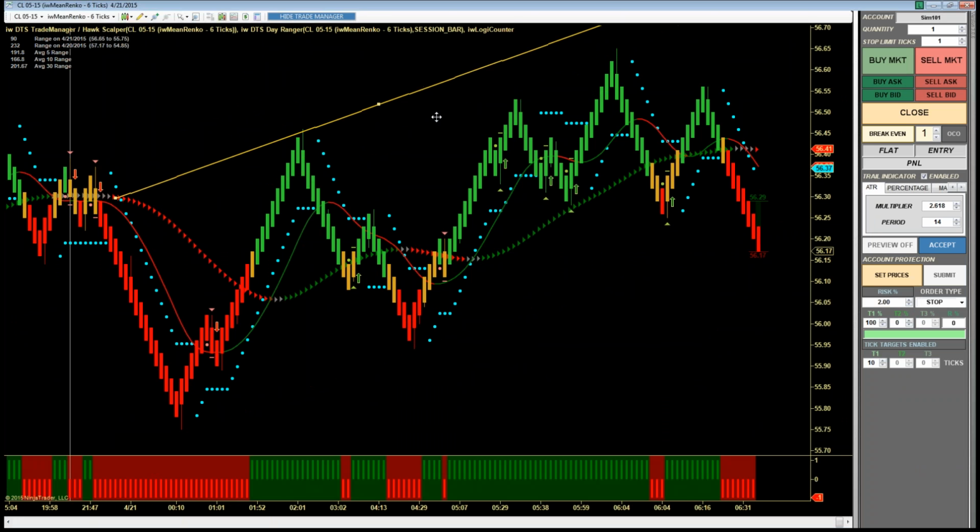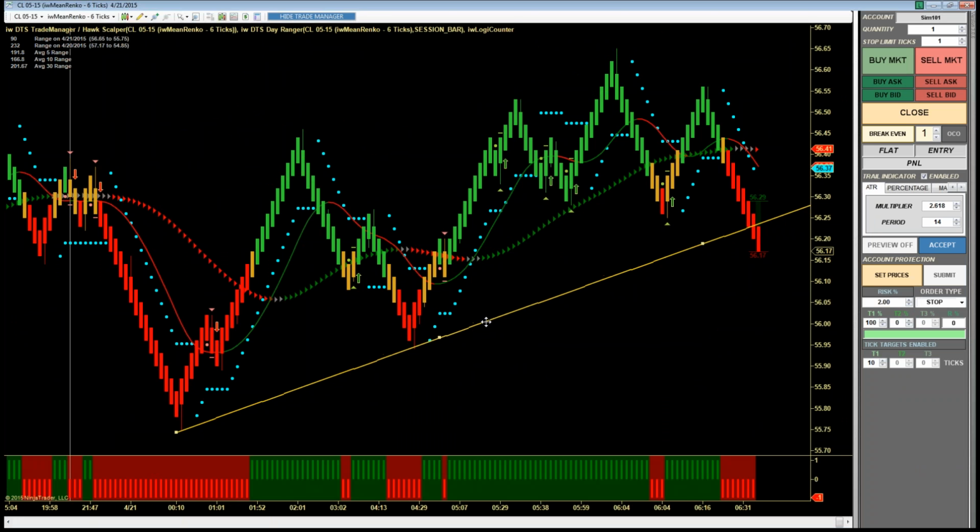Let's see, is it ranging in a channel? No, not really. There we go. So crude oil, our micro and macro lines have changed over, our bar colors changed over, our filter has changed over, just waiting for a signal to print.